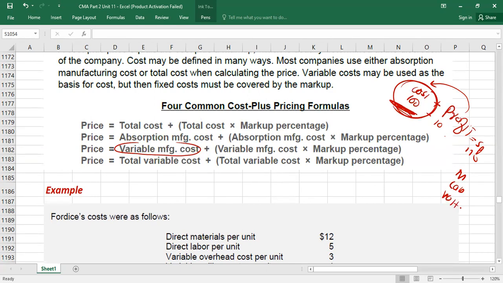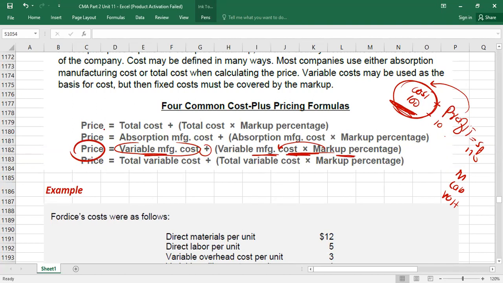If you add these three costs, this is called variable manufacturing cost. Then you add profit: variable manufacturing cost multiplied by markup percentage. For example, if markup percentage is 10%, you are taking 10% of cost. This will give you the profit value. This profit you add along with the variable cost, and this will give you the price.